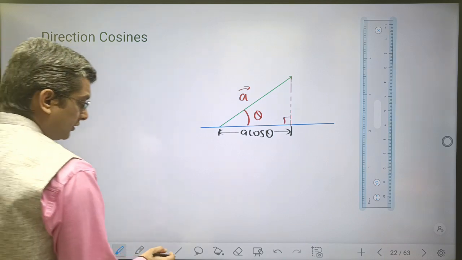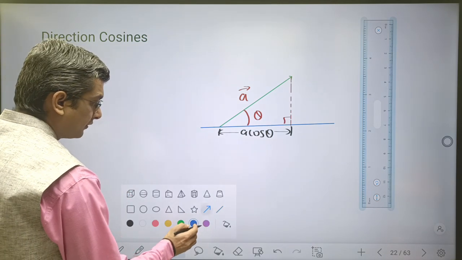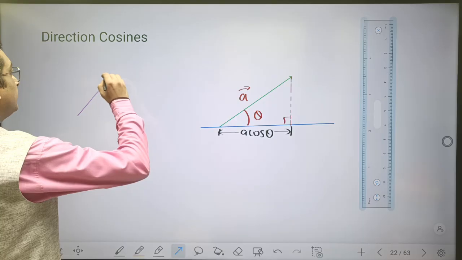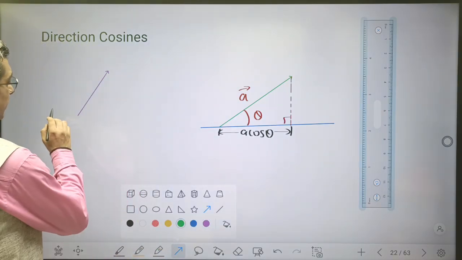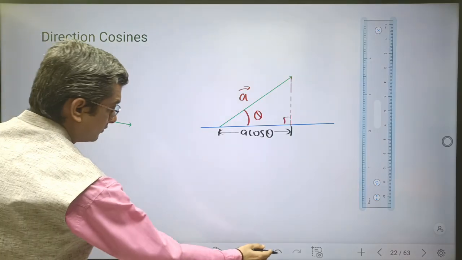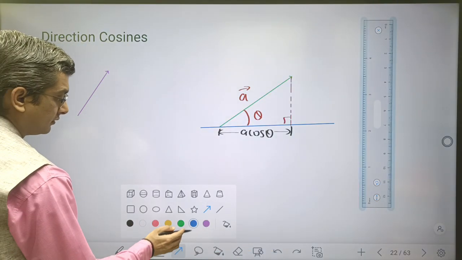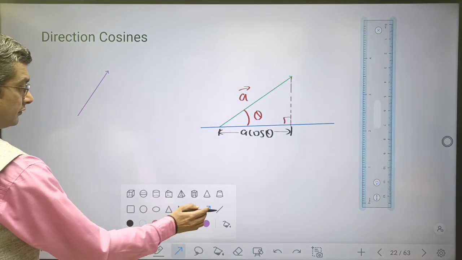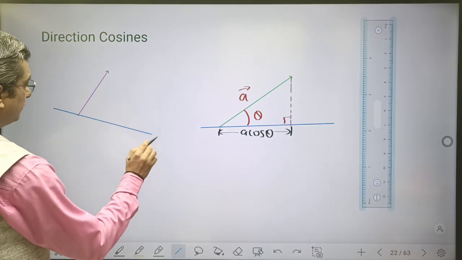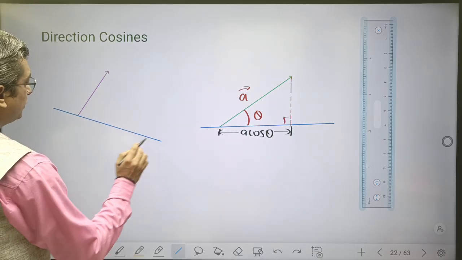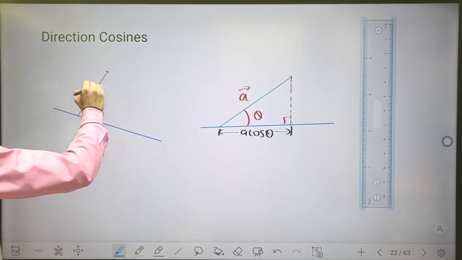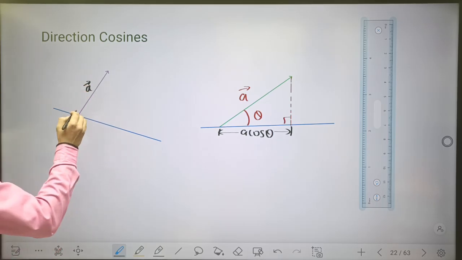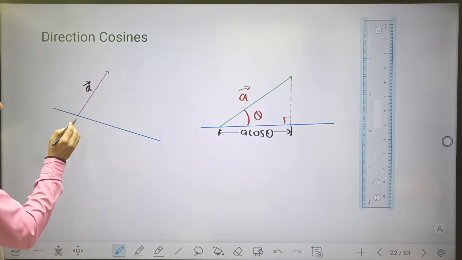Suppose I draw a second vector like this one, and I take a line like this one, and you are asked to find the component of this vector A along this line.